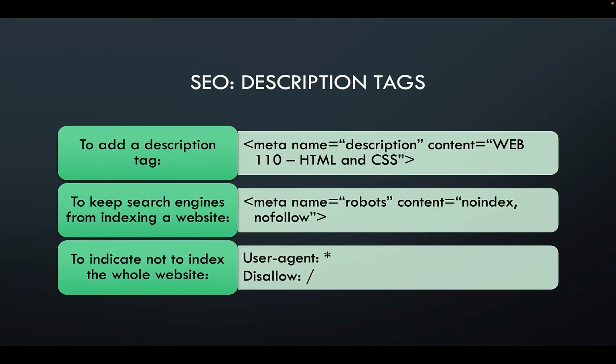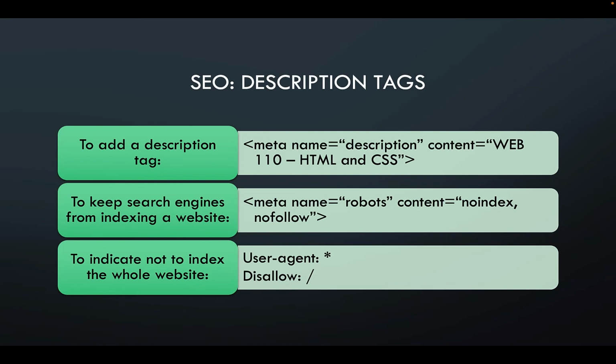Now this is going into some information that's a little bit beyond our class, but the biggest idea is looking at this meta tag. We've already looked at the meta tag for the character set information.